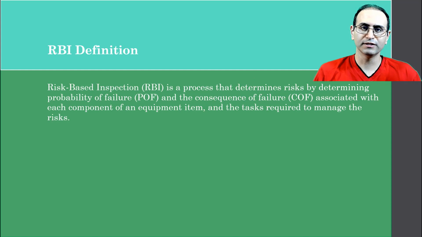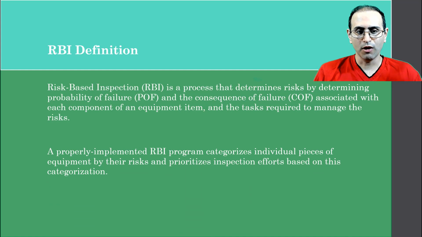Then we made the table for every single component and all the related deterioration mechanisms for each component. Based on that we determine the tasks that need to be done to reduce the risk to a lower level if needed. A properly implemented RBI program categorizes individual pieces of equipment by their risks and prioritizes inspection efforts based on this categorization.